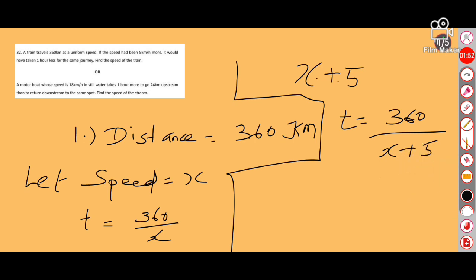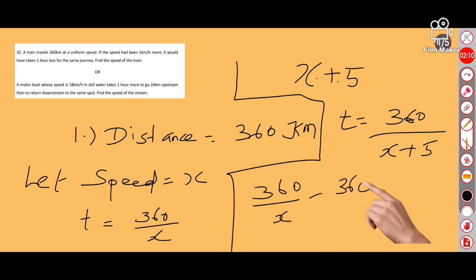So we know that the original time minus the increased speed time will be 1. Therefore 360 by x minus 360 by x plus 5 equals 1.